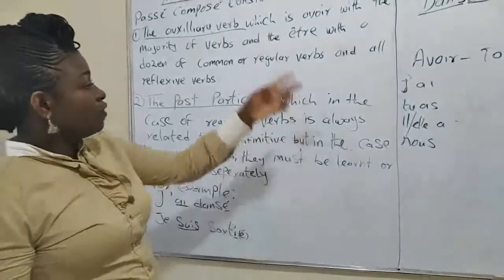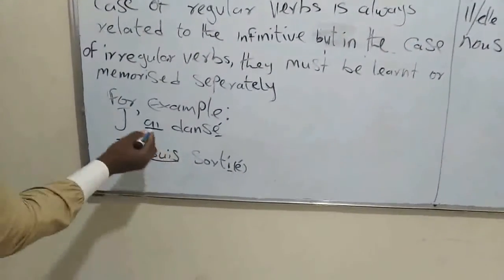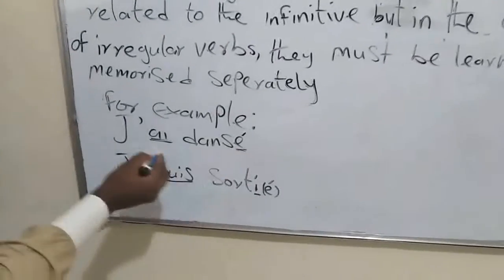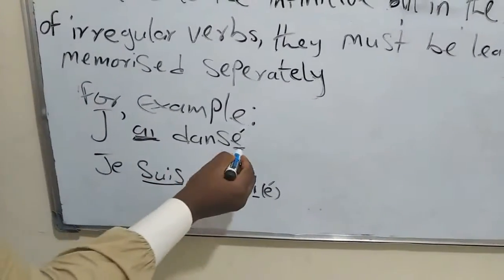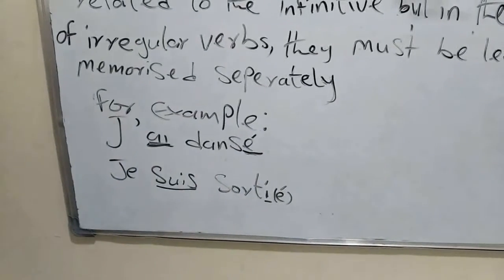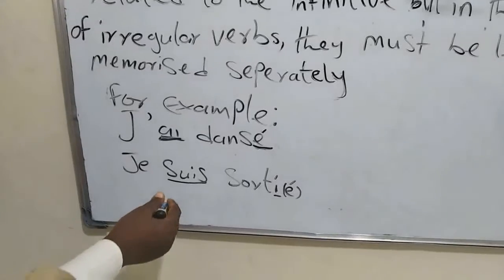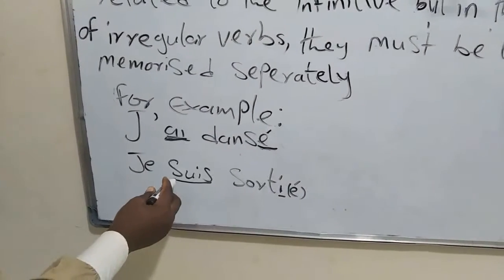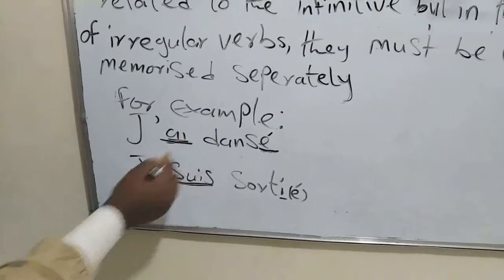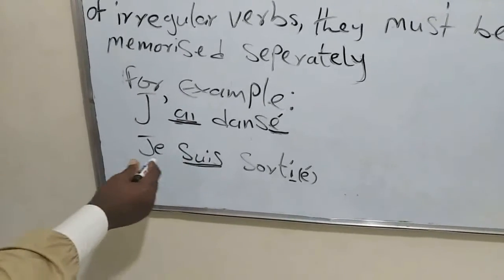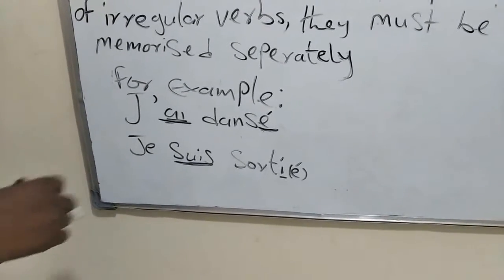Now, an example of what I just said there is j'ai dansé. Now, I underline this and underline this. This is the auxiliary verb and this is the past participle. Therefore, another verb here, you have the verb that takes on être. This is the verb that takes on avoir. So you know that for être is je suis for present tense conjugation.